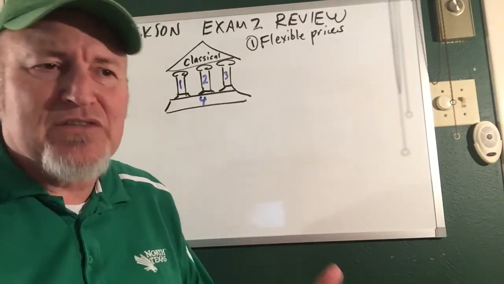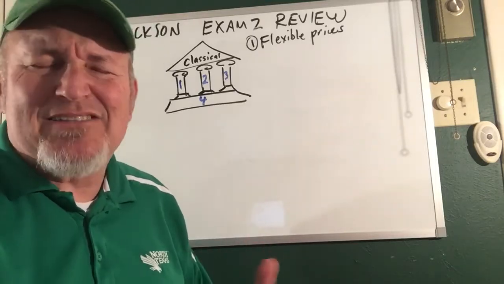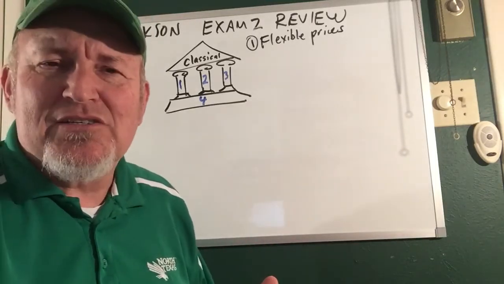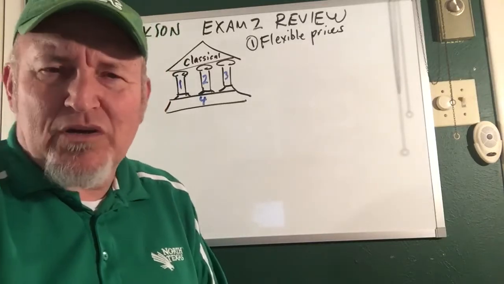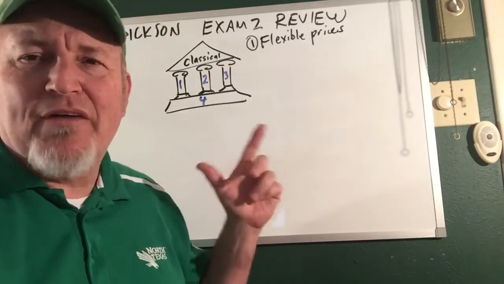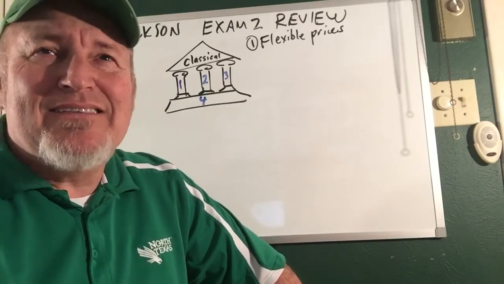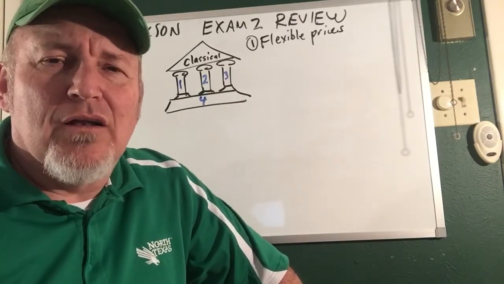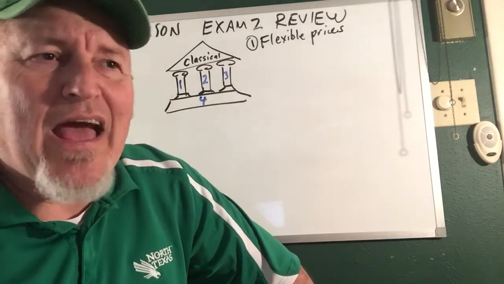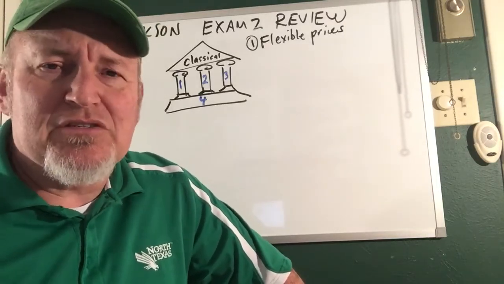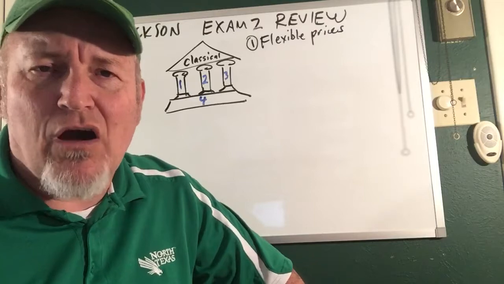Prices can go up, prices can go down. And that kind of seems maybe obvious, but really the importance of that and the big takeaway for this first pillar is that the idea is in the long run, markets can't have shortages or surpluses because they will clear themselves in the long run.